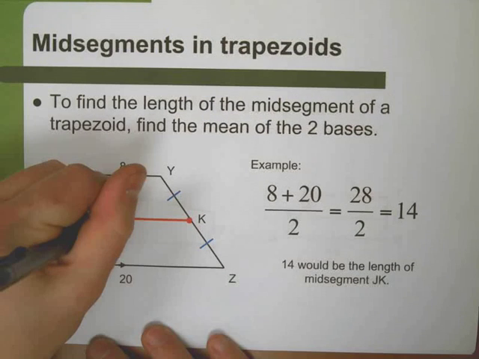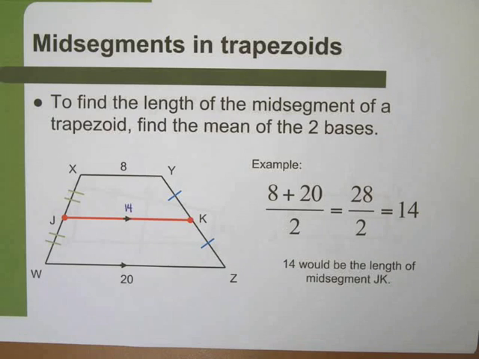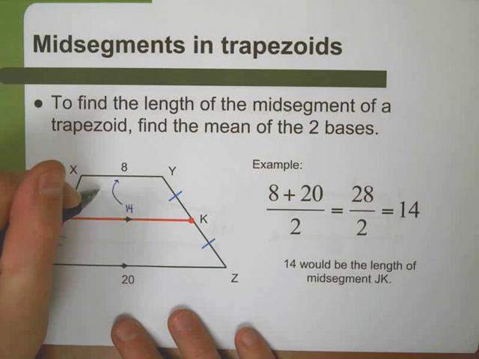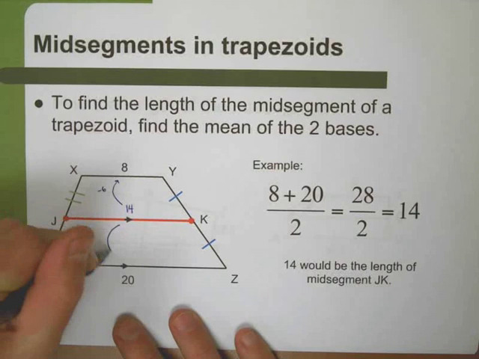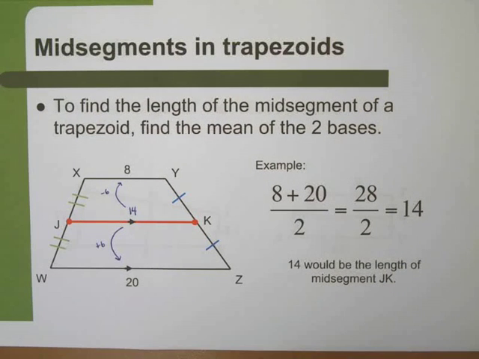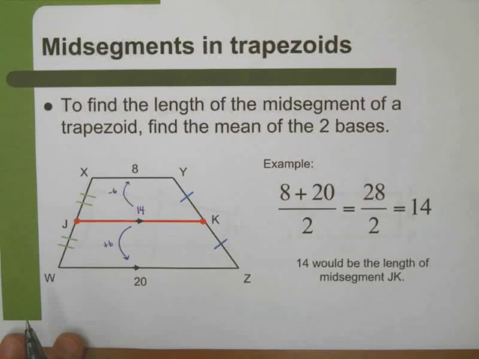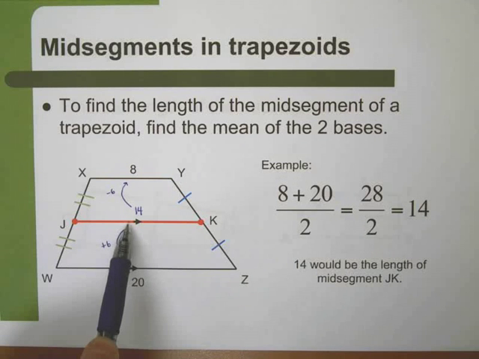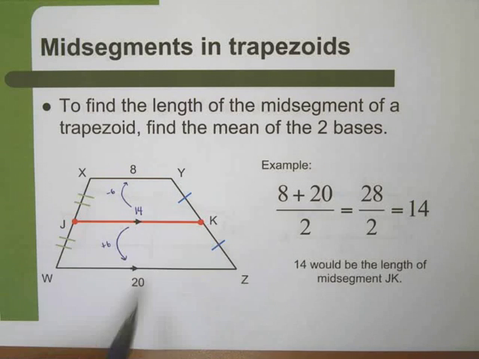You know what I know? That JK would be 14 units long. You might also notice that if I take 14 and I subtract 6, I get to 8. If I take 14 and I add 6, I get to 20, right? So there's another way later on that might be able to help us out if we want to look at it this way. Let me zoom in a little bit. It's probably a little bit hard to see, right? So, how do we find the length? Well, we know that the mid-segment is the average of the bases, right?